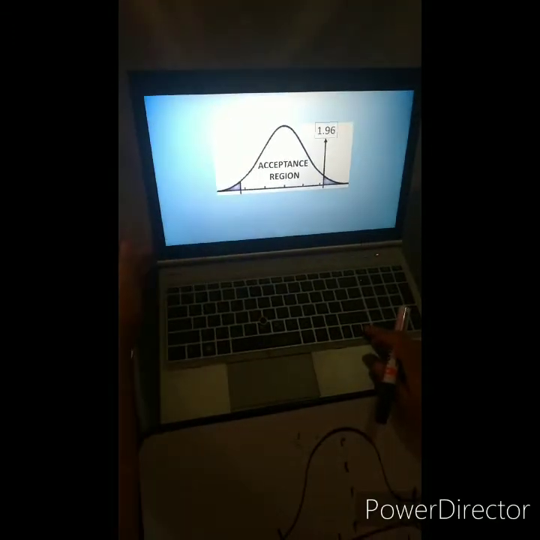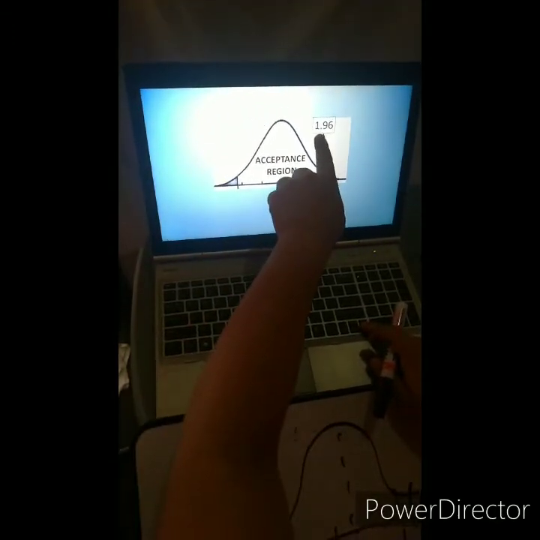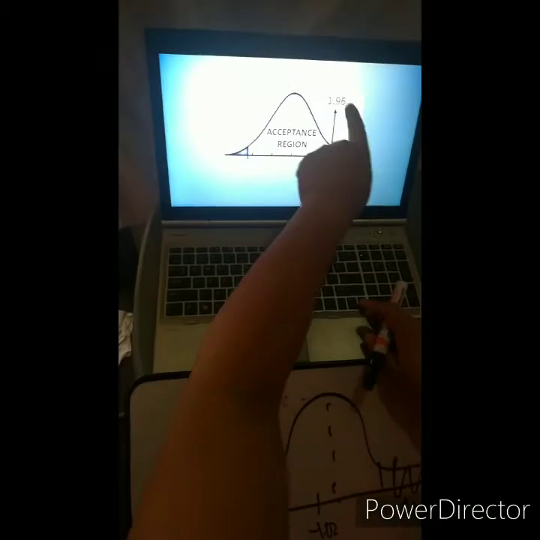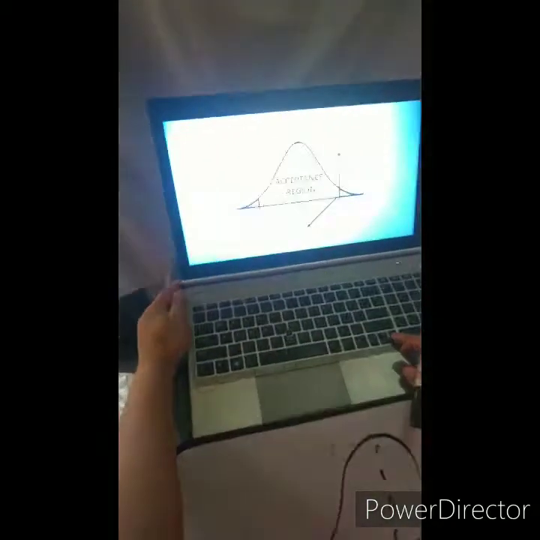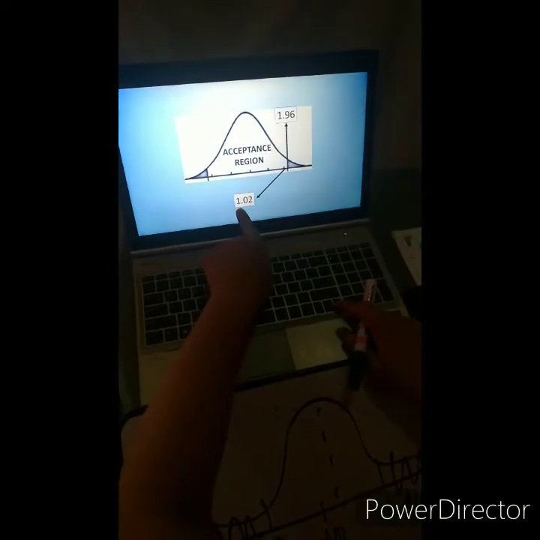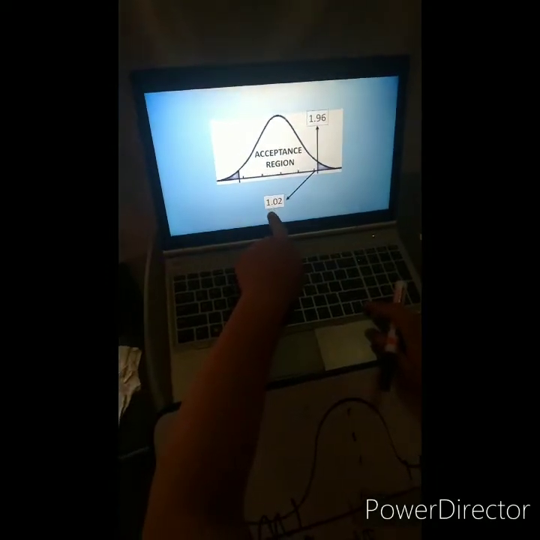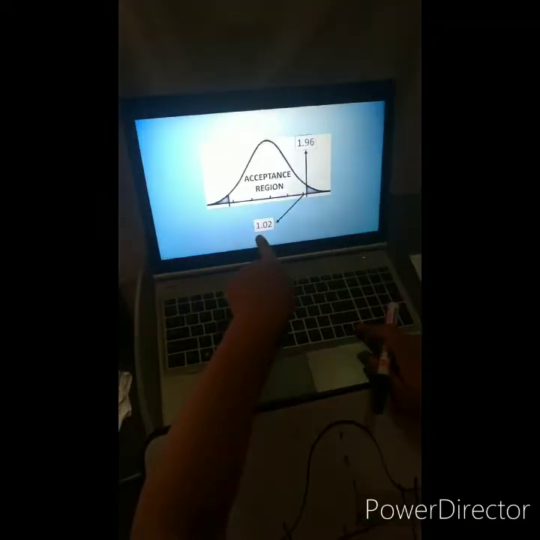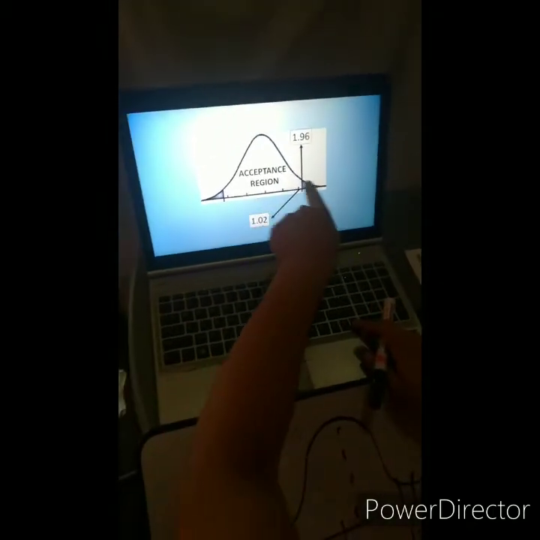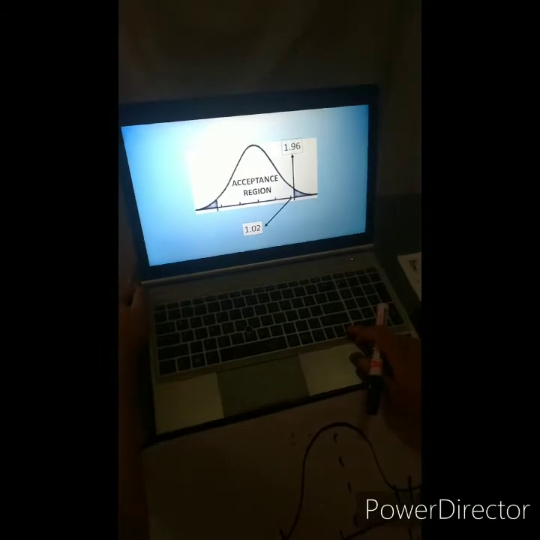We will see later what the acceptance region is. Our tabular value is 1.96, this is negative 1.96, and we got a computed value of 1.02. So look at that. Where is 1.02 located, in the acceptance or rejection region?